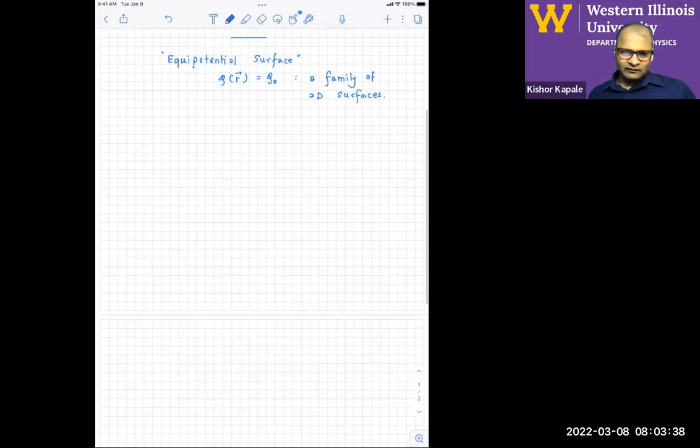Now, I think we haven't seen this. We have defined the electric field as the negative gradient of the potential, but we haven't done the inverse relation so far. Does anybody know what the inverse relation looks like? Anybody?